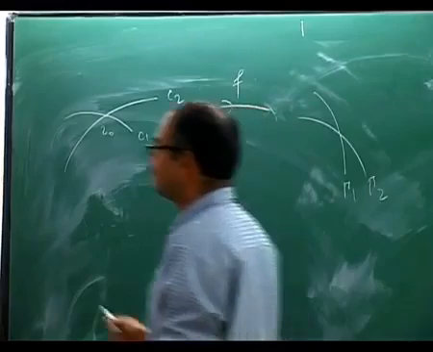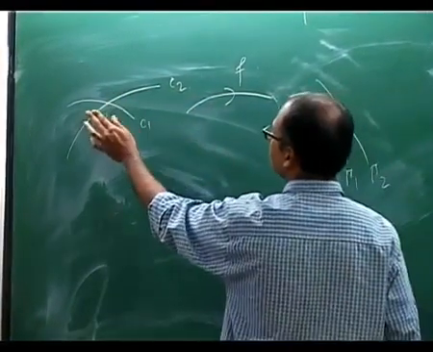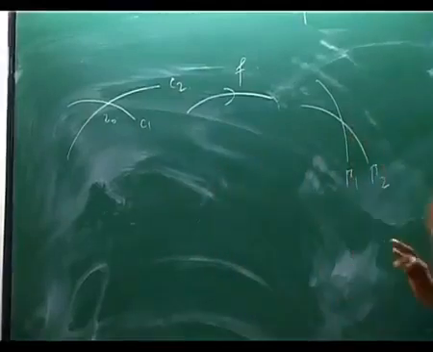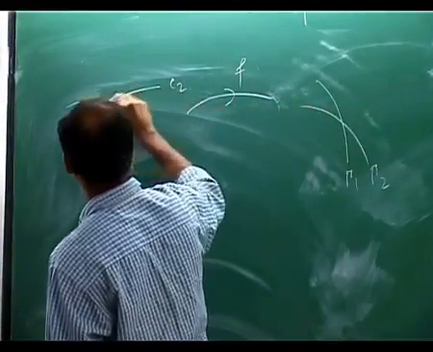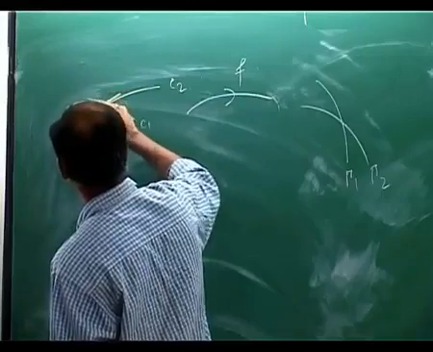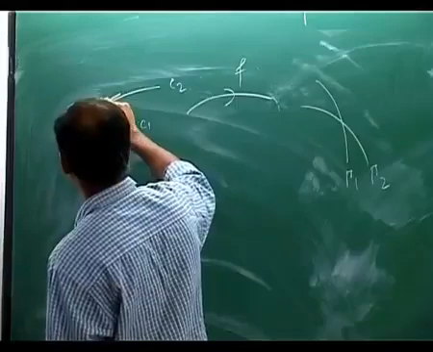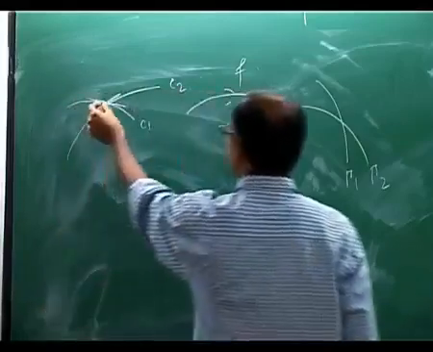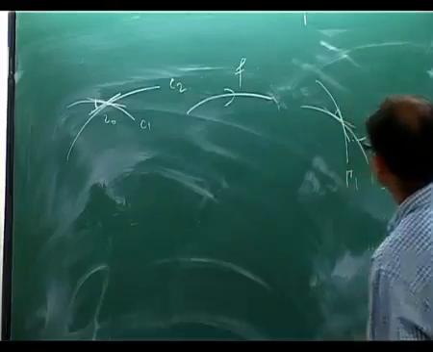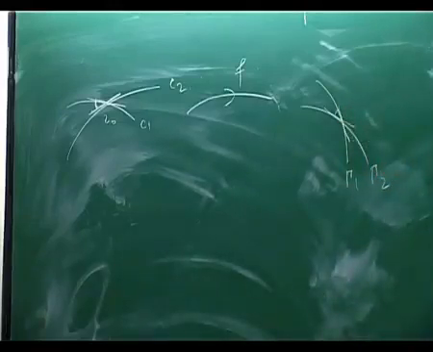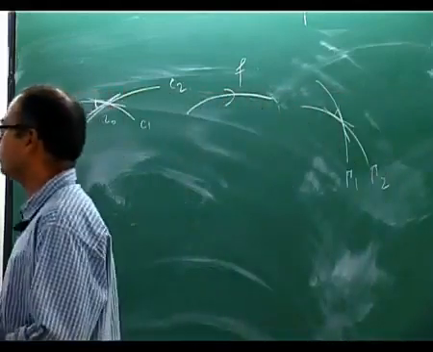That's the definition of conformality, that the relative angle is not changed. Whatever angle their tangents make at these points, this angle will remain the same here. So that's a conformal mapping.